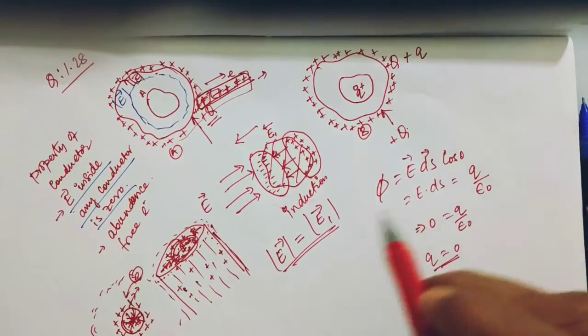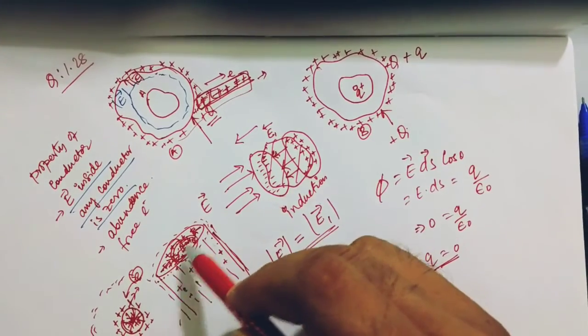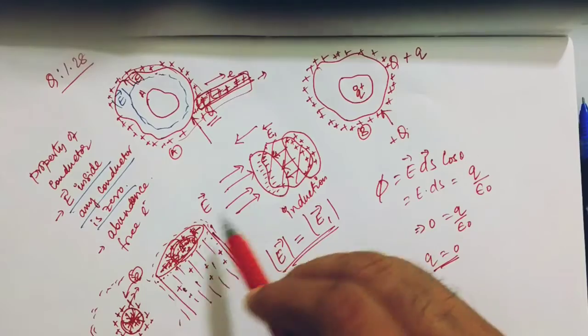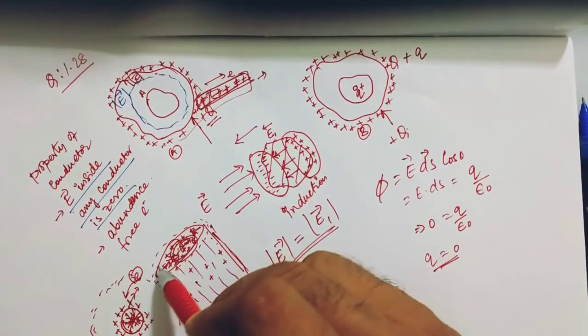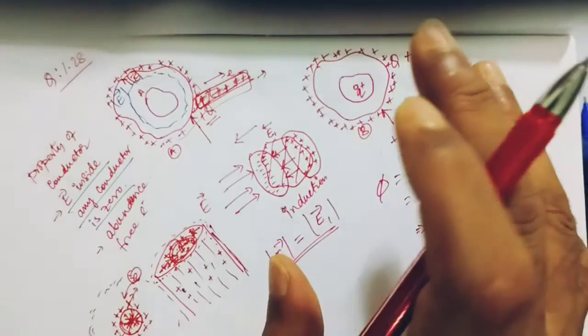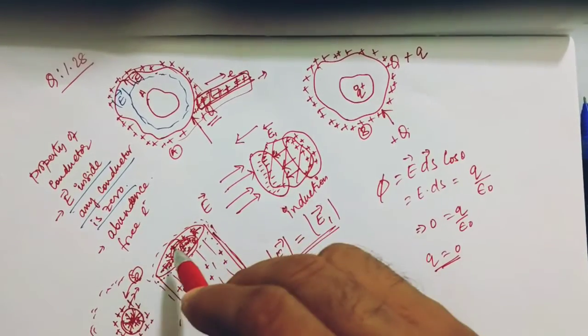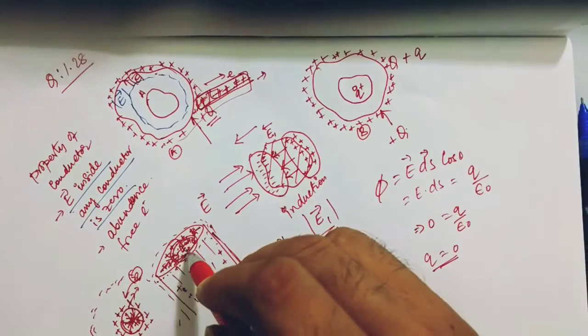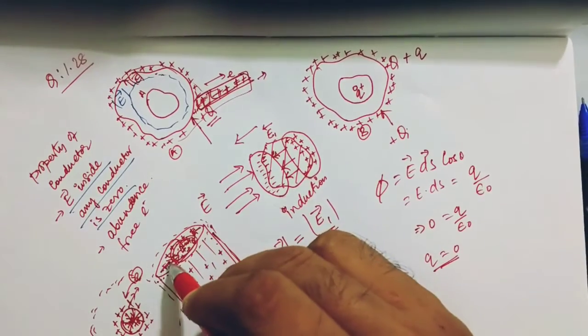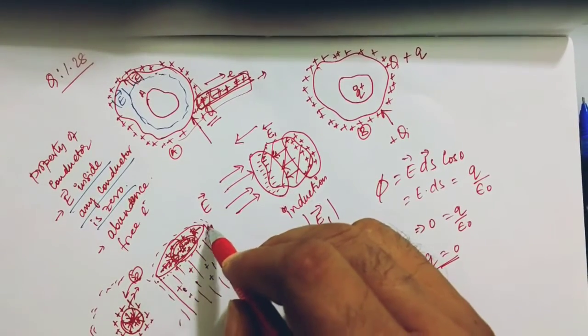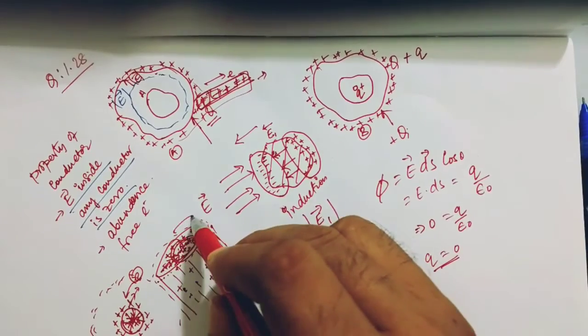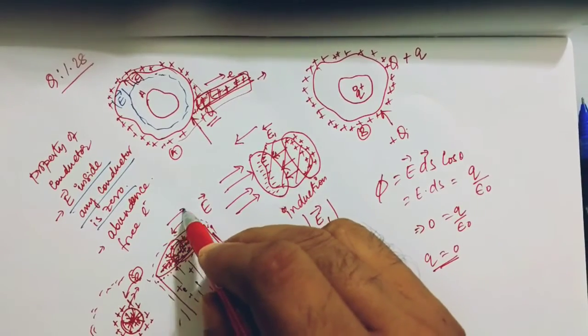Otherwise, what will happen if charge is inside also? As I explained earlier about the potential, suppose this core also has some electrons, some charges. Then from core to sheath, outer layer to inner layer to outer layer, there will constantly be some electron flow.